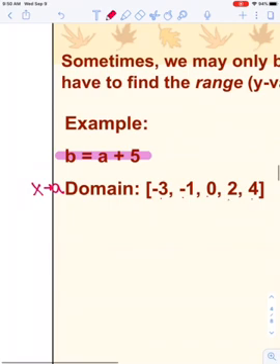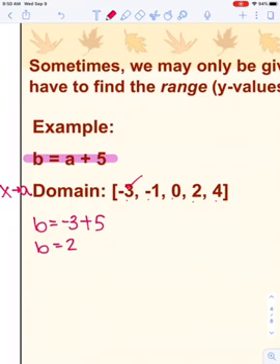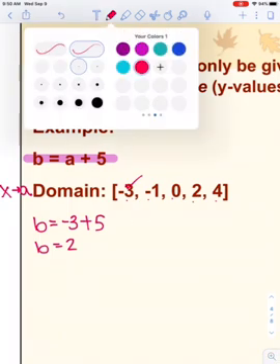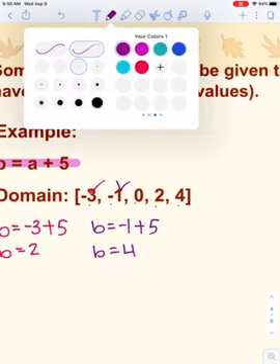So all I have to do is plug these numbers individually in for a, and I find b. So b equals -3 plus 5, so b is 2. So I did this one, done. B equals -1 plus 5, so b is 4. Done.